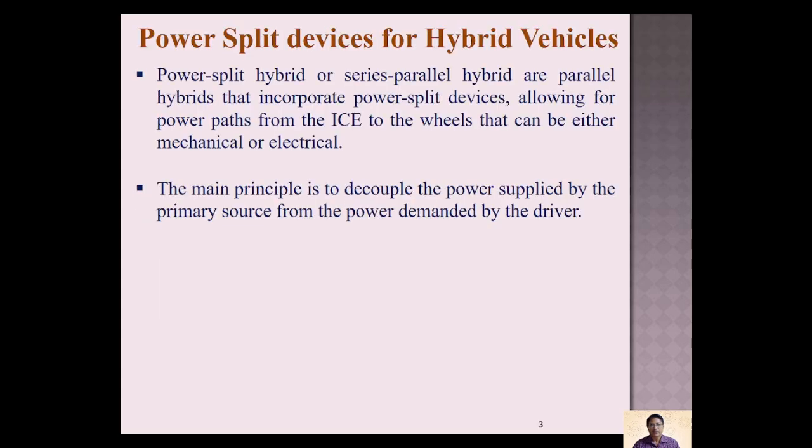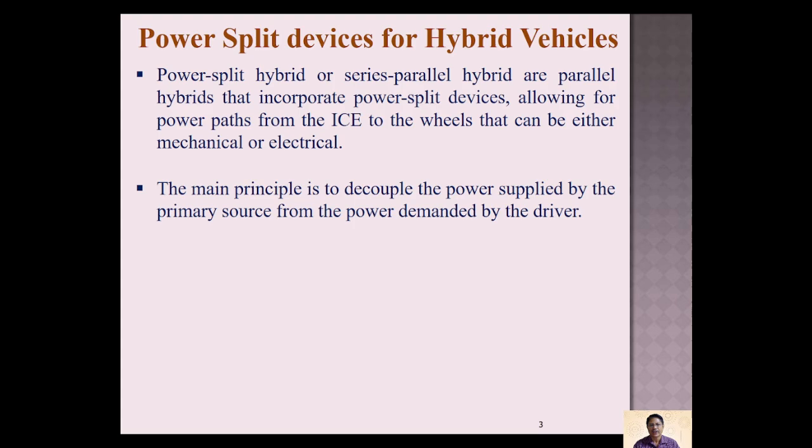Power split devices for hybrid vehicles combine the power derived from the IC engine as well as the electric motor. It should be properly combined whenever required, or properly split and supplied to the wheel accordingly.